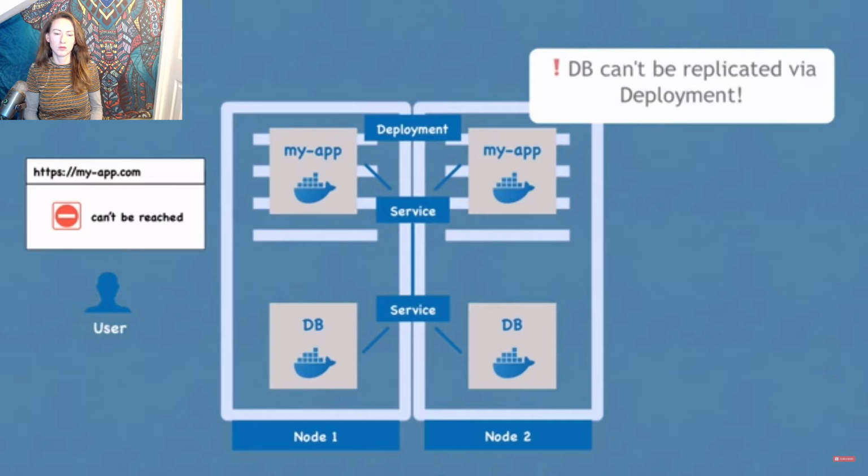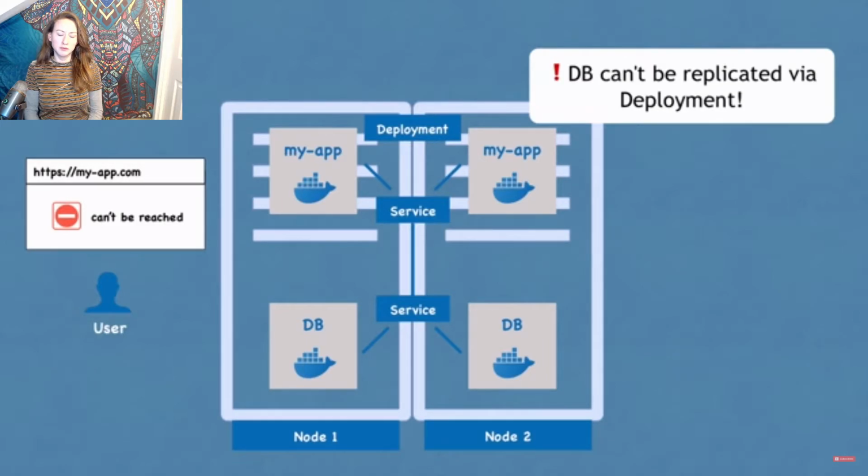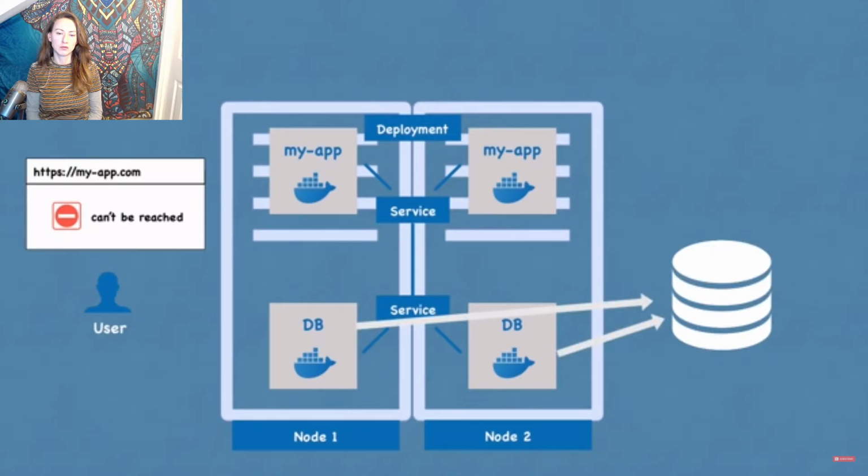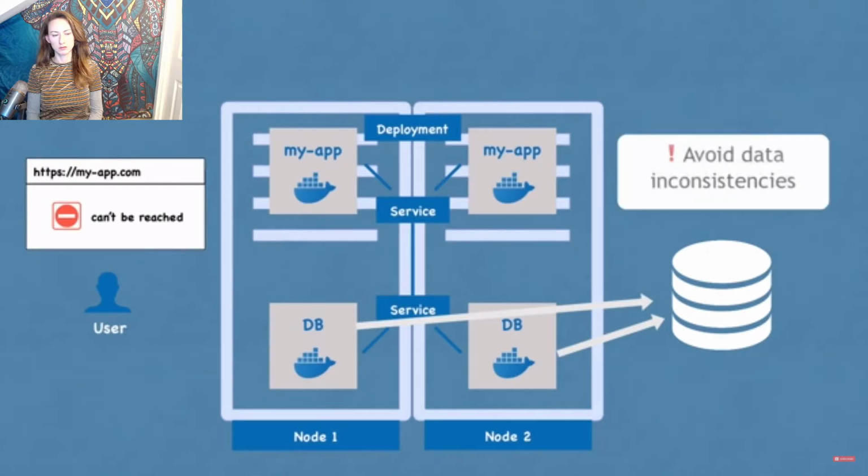And the reason for that is because database has a state, which is its data. Meaning that if we have clones or replicas of the database, they would all need to access the same shared data storage. And there you would need some kind of mechanism that manages which pods are currently writing to that storage or which pods are reading from that storage in order to avoid data inconsistencies.